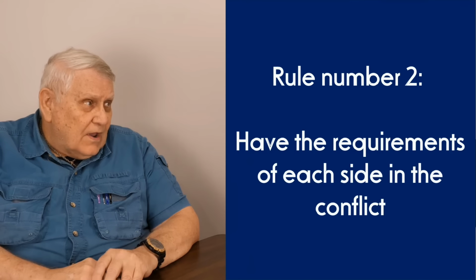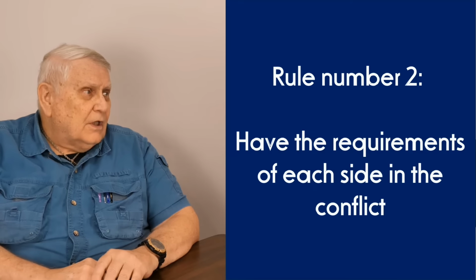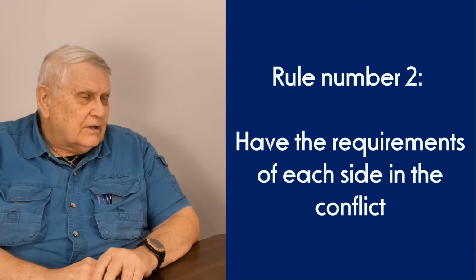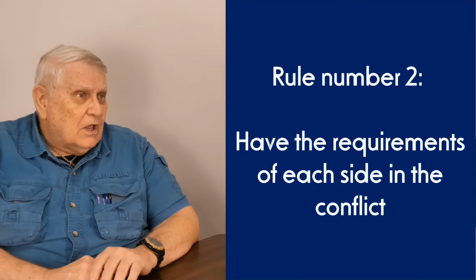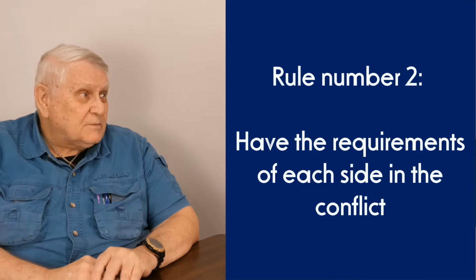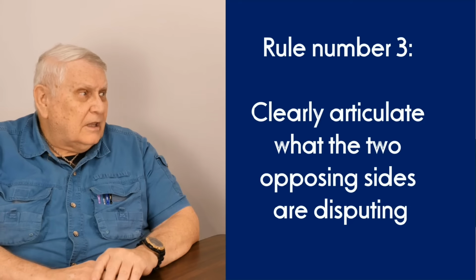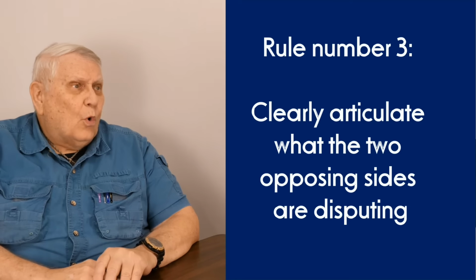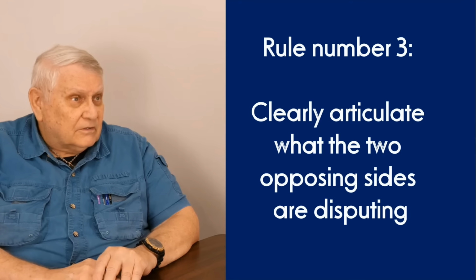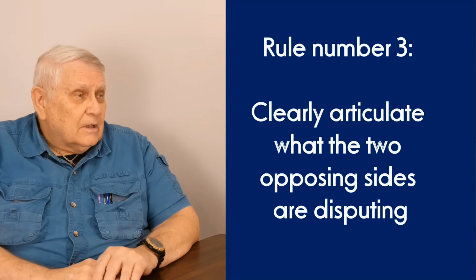And second, you have to have the requirements of each side in the conflict. The requirements are non-negotiable needs that must be satisfied. And then lastly, you have to be able to articulate very accurately what the two contending sides are contending about.